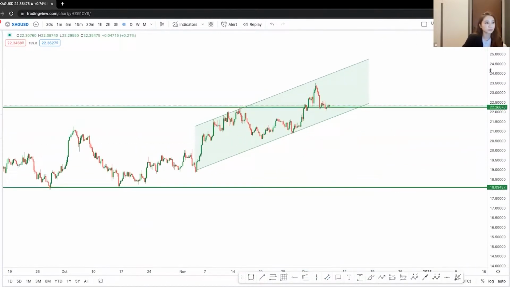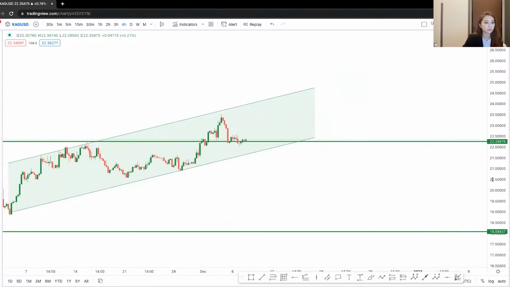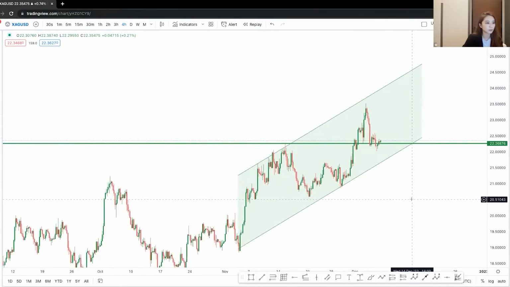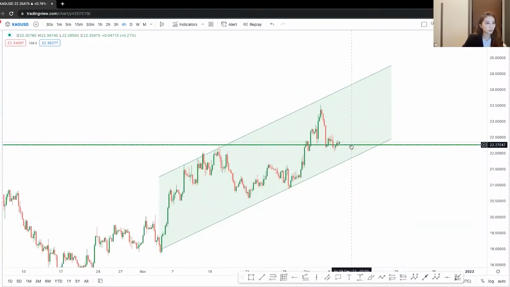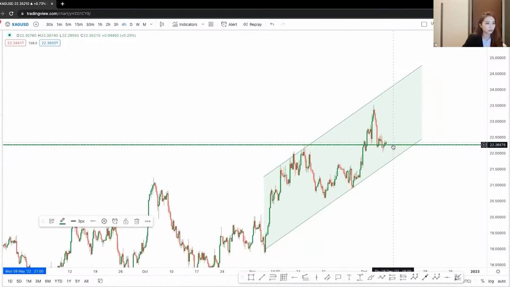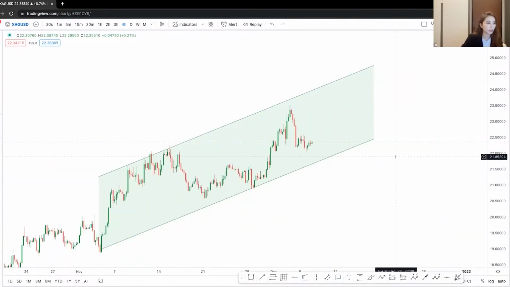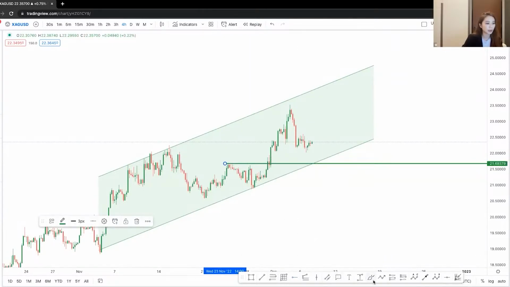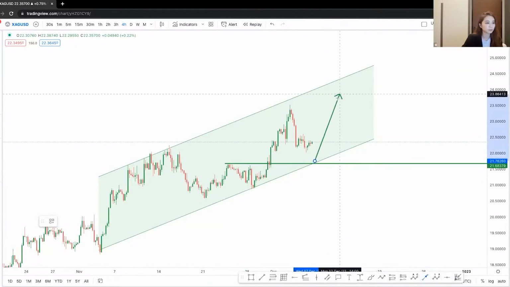Yeah. So in my viewpoint, I would choose to remove this. I am seeing another level over here instead. Seeing an upward movement bounce off.